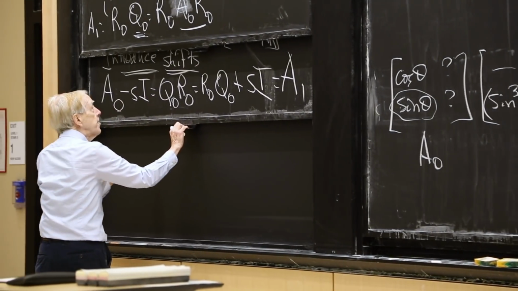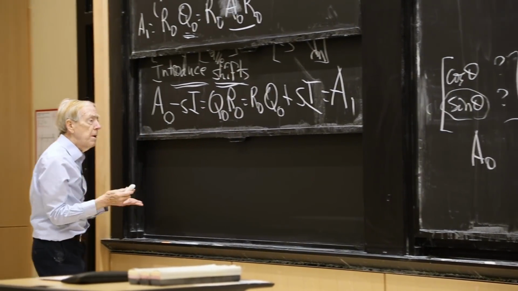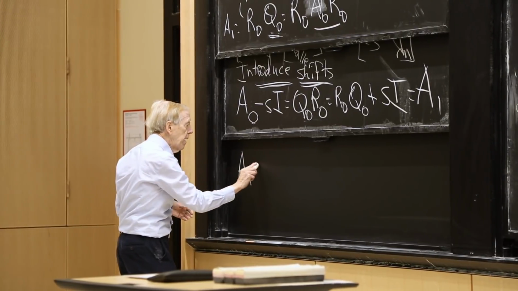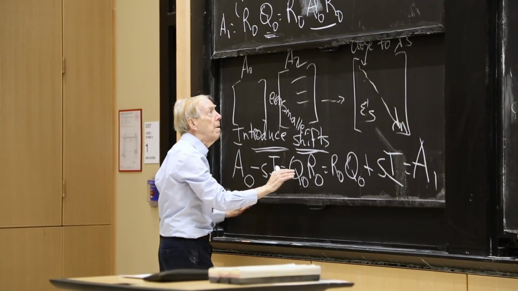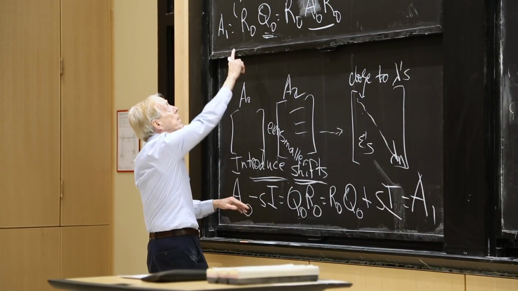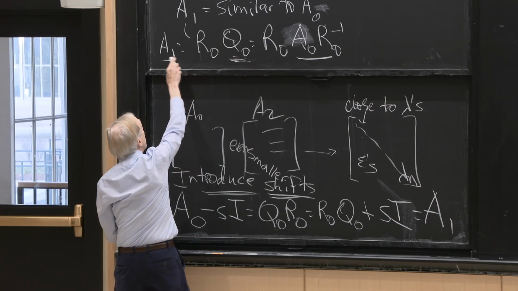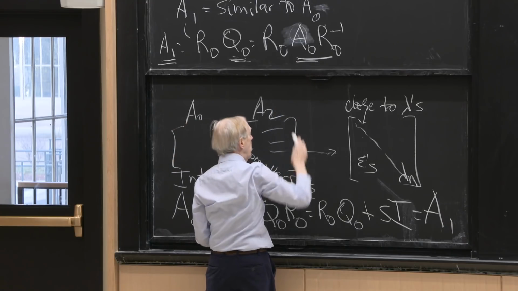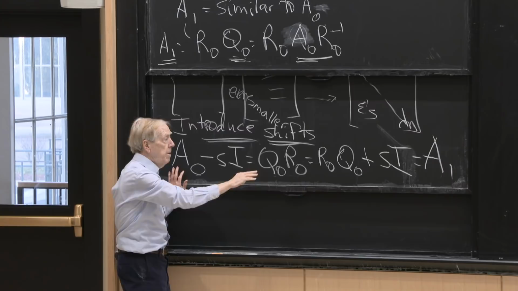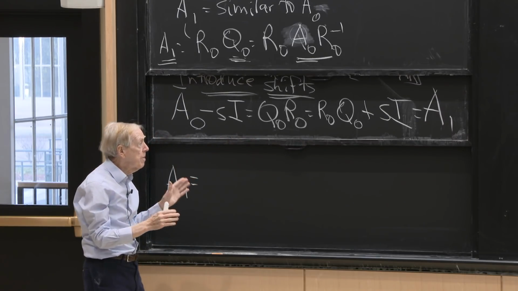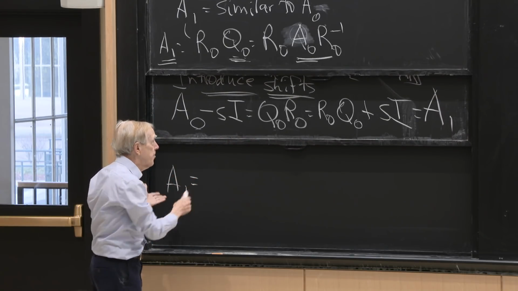It's sitting right there, so let me do it again. I'm hoping that something, where did we change? Oh yeah, here. We showed that A1 was similar to A0, and I'm hoping that's probably still true, even, the shift didn't mess that up. Let's just try.